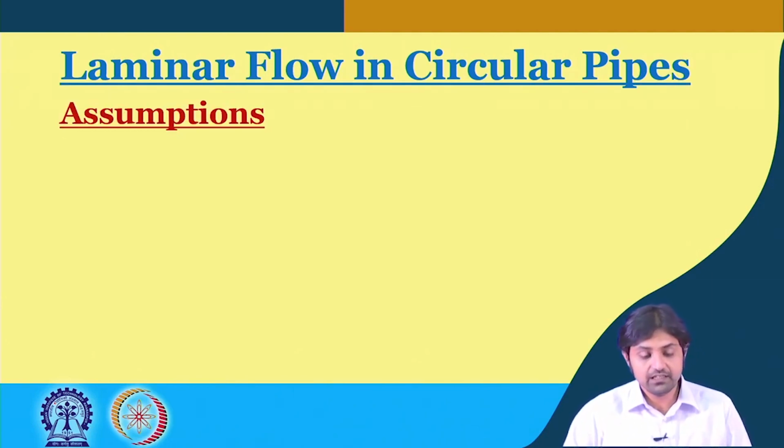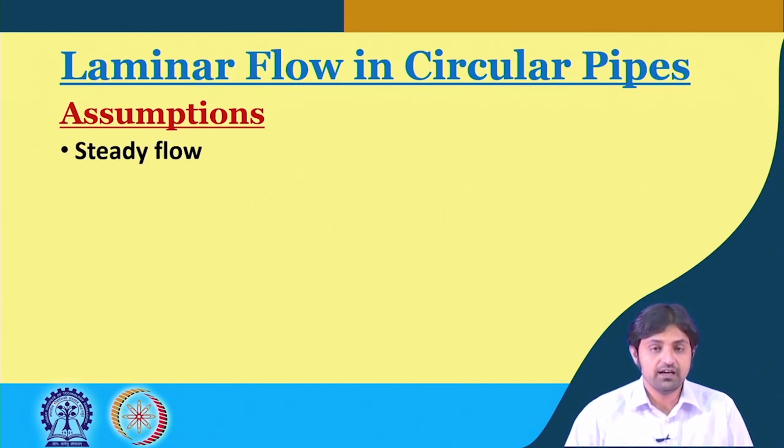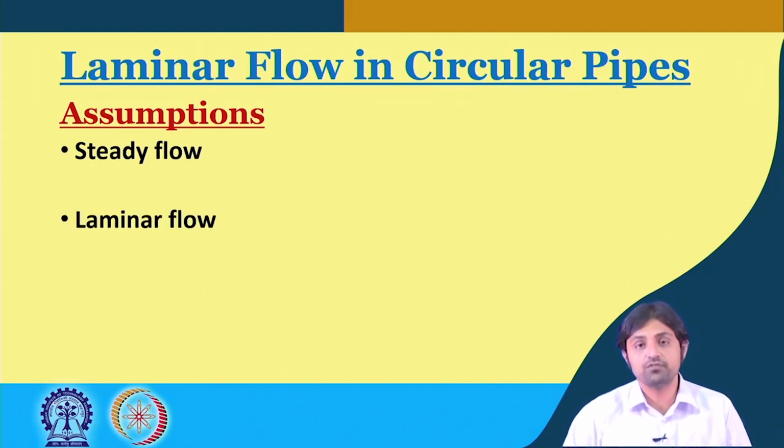For deriving anything, there are certain assumptions first that we have to take. We have to assume steady flow. What does this assumption of steady flow mean? That the condition is not dependent on time. Second assumption is it is laminar flow. This means the Reynolds number is fairly less than 2300, as we have seen in the last slide.